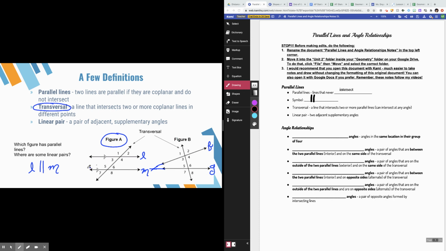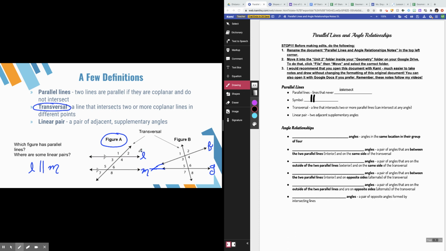Now, the way that I can tell that these two lines in figure A are parallel, rather than just looking at the picture, because the thing about doing stuff in geometry is that it's not always guaranteed. If something looks a certain way, it doesn't necessarily mean that it has that certain property.